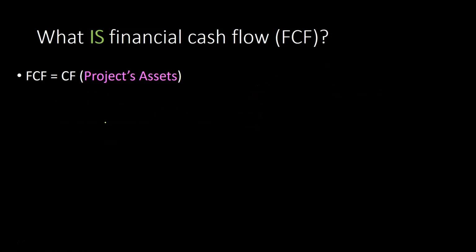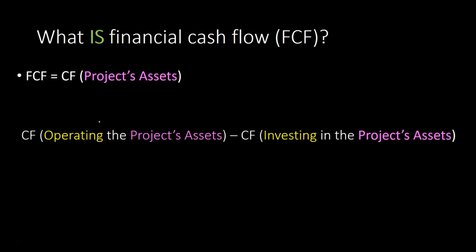And so if we think about financial cash flow, it is nothing but the difference between the cash flow that we are generating from operating the assets net of any cash flow that we're spending investing in those very assets. This, in the most broadest of ways, is how we can define financial cash flows.